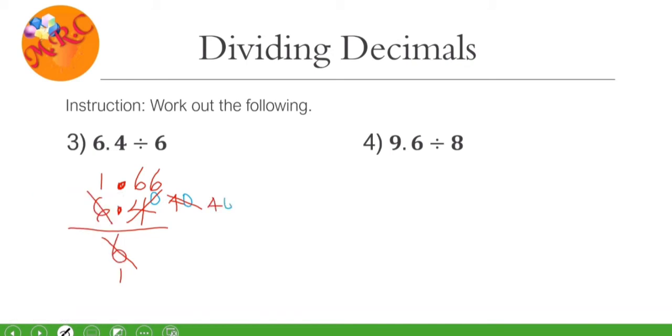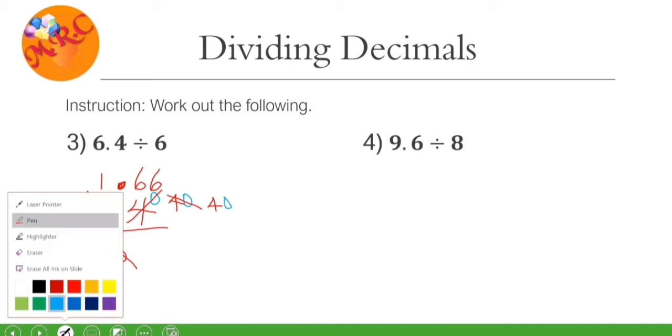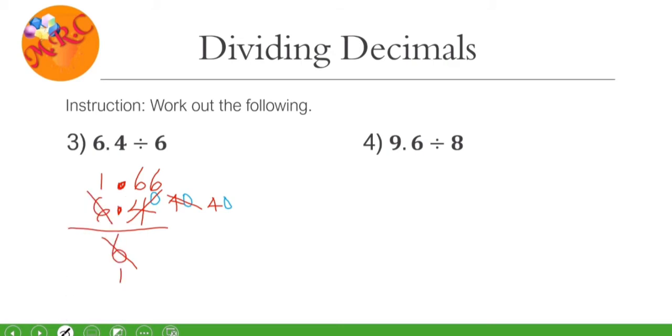And I add another 0. And I realize that I'm getting the same remainder each time, so this is going to be a recurring decimal. So I'm going to go ahead again and say 6 into 40, and that is going to give me 6.